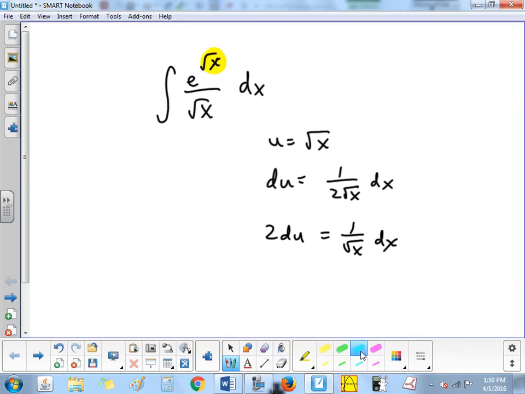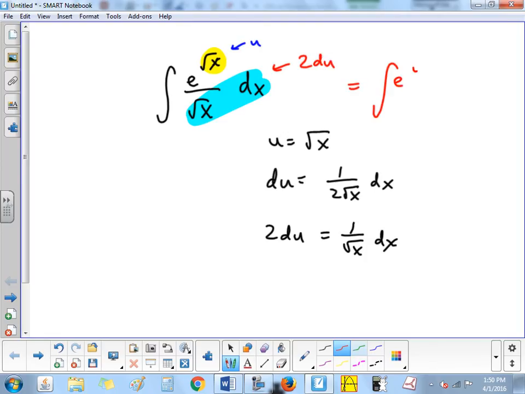So I'll do the same color coding I did last time. This is a u, and this represents 2 du. So our integral is e to the u times 2 du.